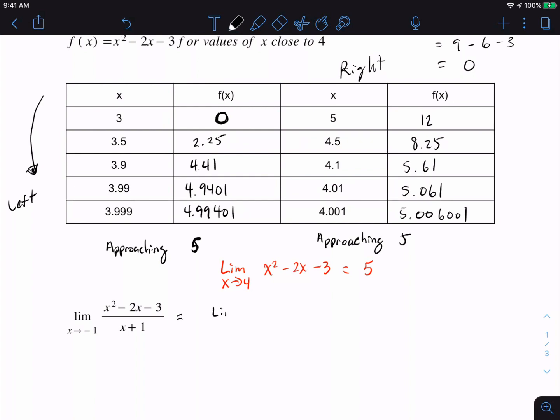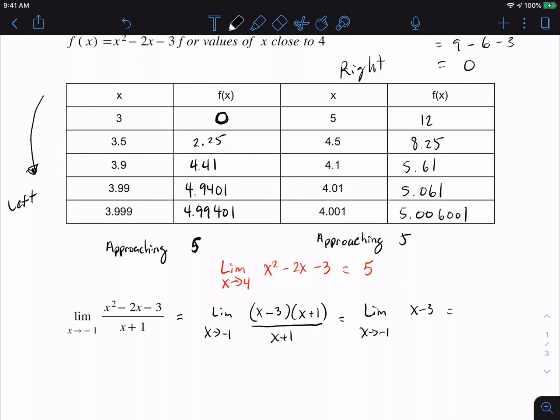So I'm going to get the limit as x approaches -1 of (x minus 3)(x plus 1) over (x plus 1), which those are going to cancel, and so I'm going to get the limit as x approaches -1 of x minus 3.